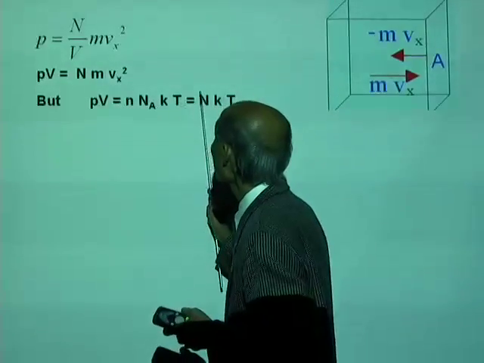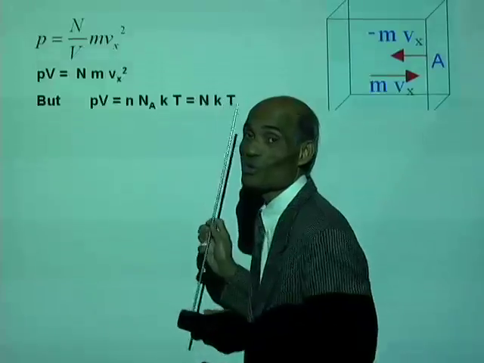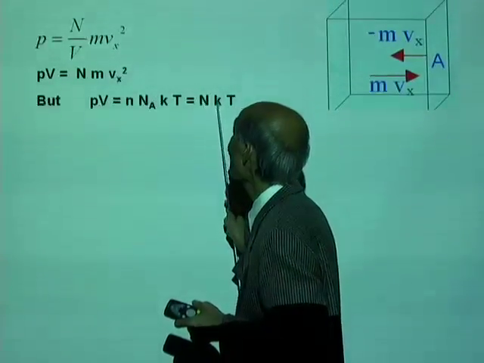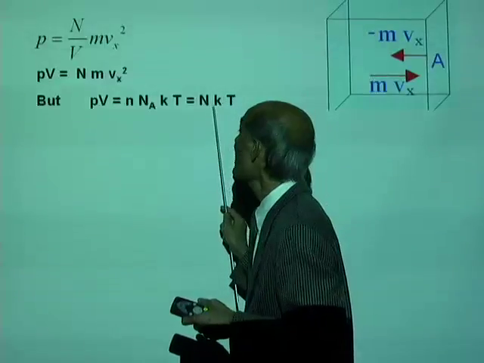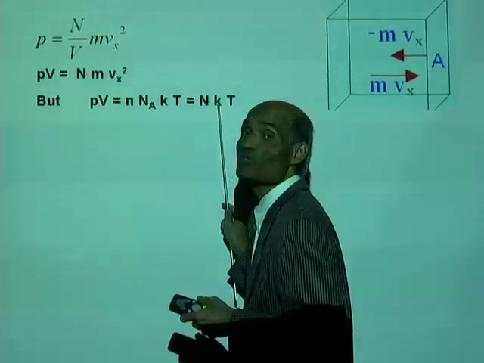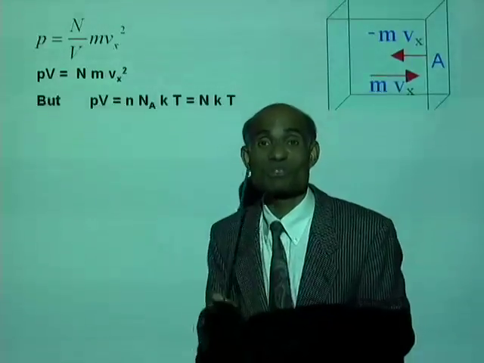That n times Na is the total number of molecules. So what do we have now? We have PV equals NkT, where N is the total number of molecules, k is the Boltzmann constant, T is the absolute temperature of the gas.